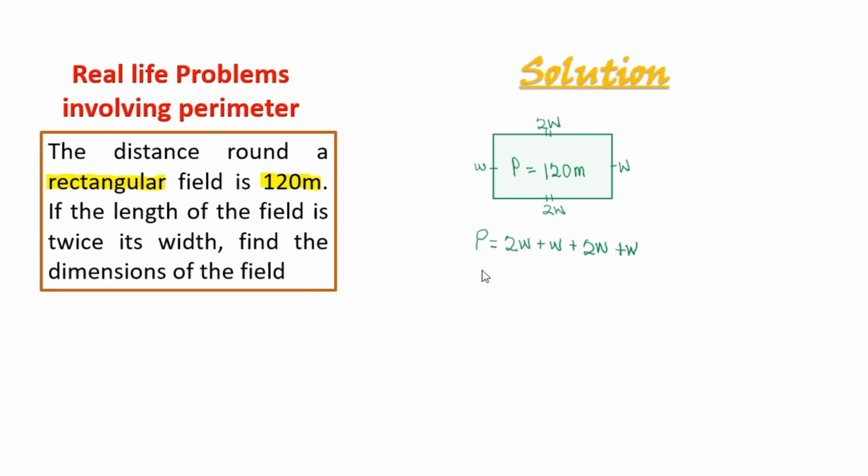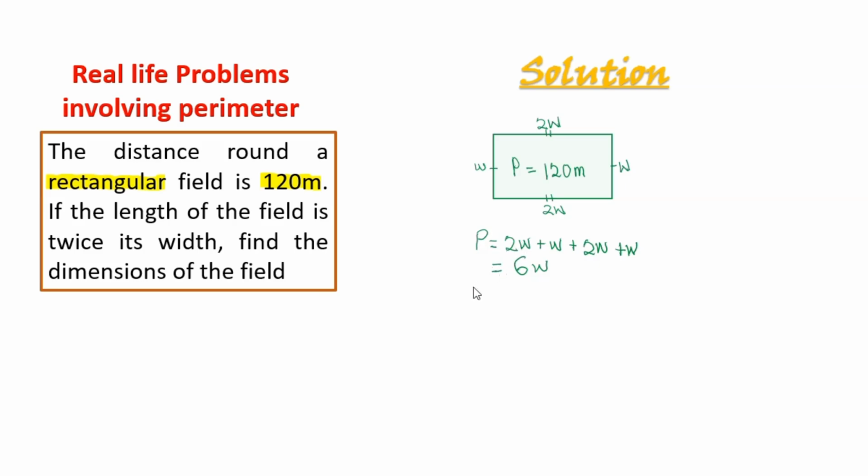Now, this perimeter over here we see is equal to 120. But before I substitute, let me go ahead and simplify this. So 2W plus 1W plus 2W plus 1W. So 2W plus 1W is 3W, plus 2 is 5W, plus 1W will give us 6W.